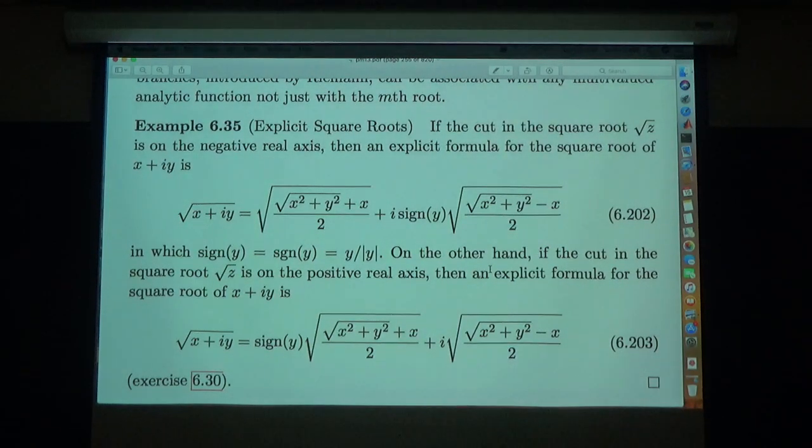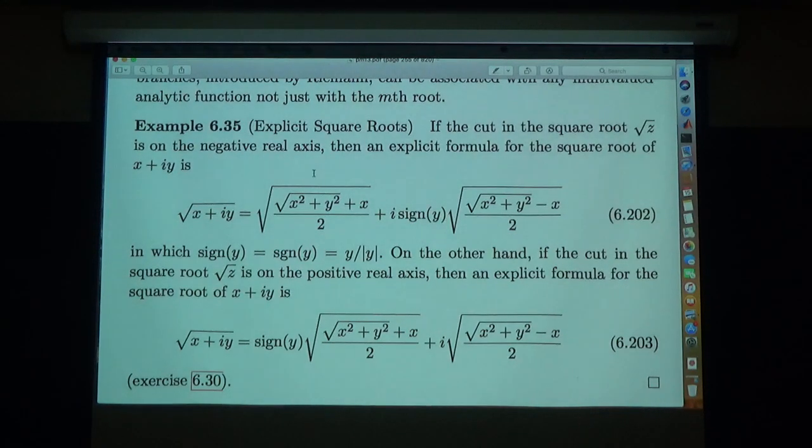I think the reason they're so complicated is basically that the natural description of things in the complex plane is in terms of radius and angle, and here we're forcing the description to be Cartesian in terms of x and y.